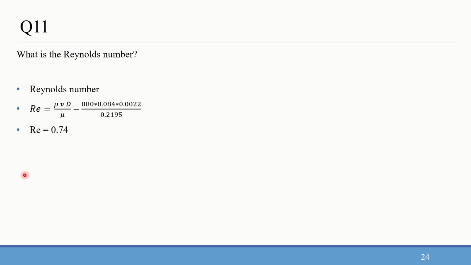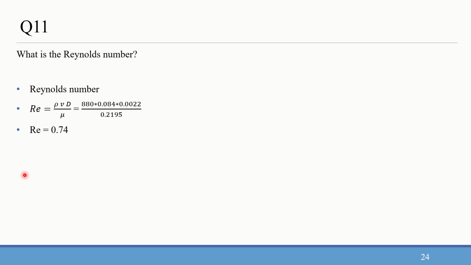This Reynolds number is comparatively higher than the Reynolds number which we saw in the previous problem. There it was 0.25, here it is 0.74. The reason is that the particle is quite larger: there it was only 1 mm, here it is 2 mm, and velocity is also high here.